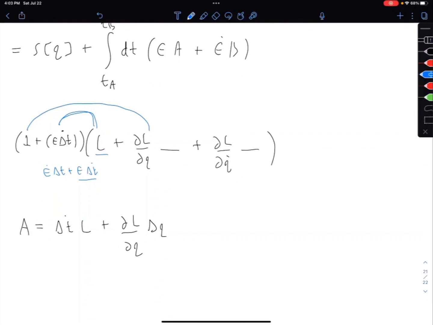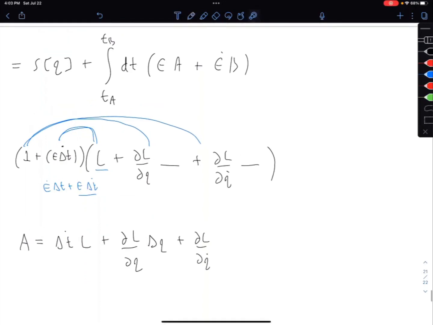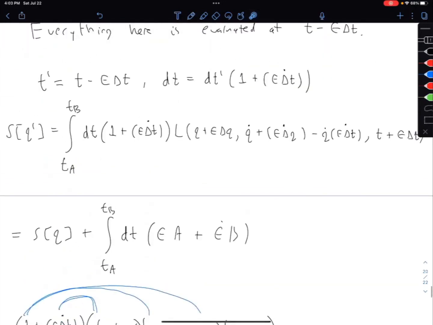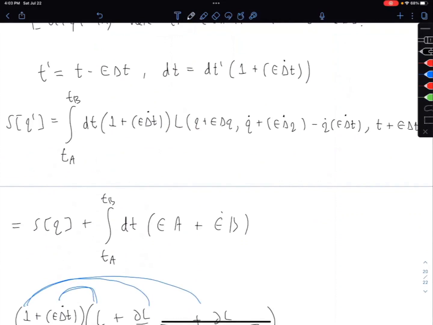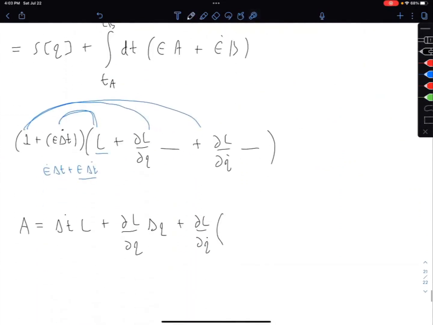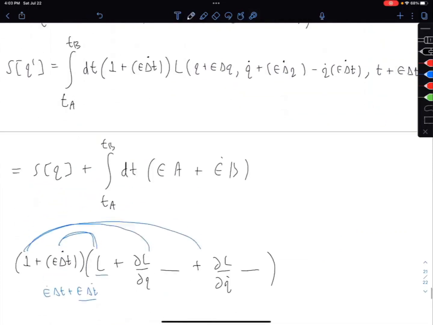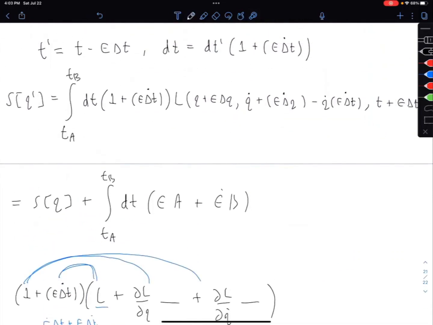And then I have this term, which will be dL/dq dot times whatever is in here proportional to epsilon. And when I look here, what will I have? I will have a delta q dot from this, and I will have a minus q dot delta t dot from that.